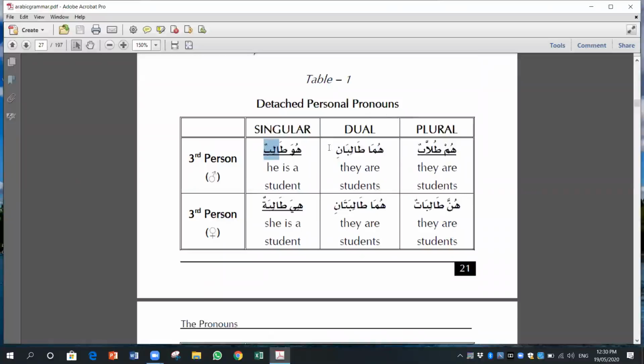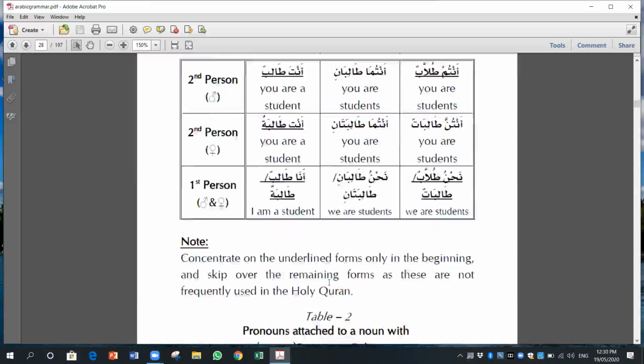Like huwa is written separately, talibun is written separately. These are called detached because they are not attached to another word. Now we'll go to the next table and see how the attached ones work.